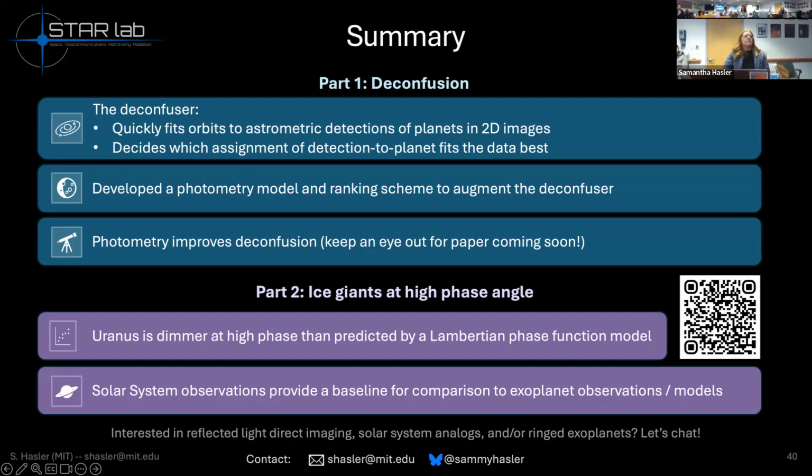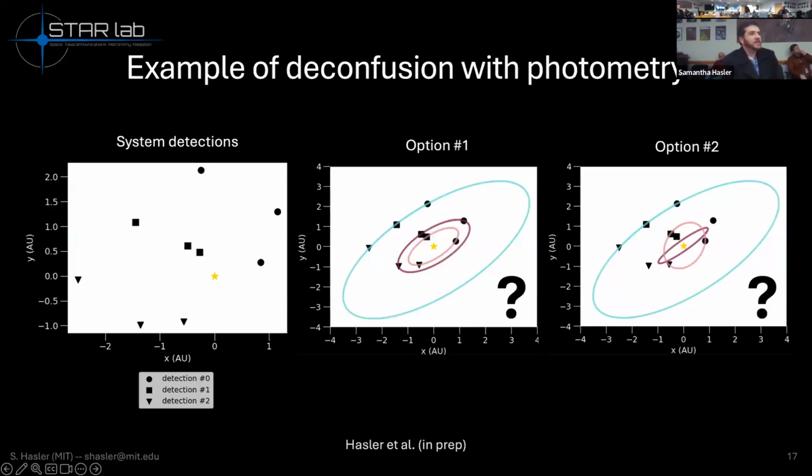I have a quick one. If you don't mind going back to your plot with the example system with the three subfigures. Yes, that's perfect. I don't know what I'm talking about, but would this model work for circumbinary systems where you have two stars?